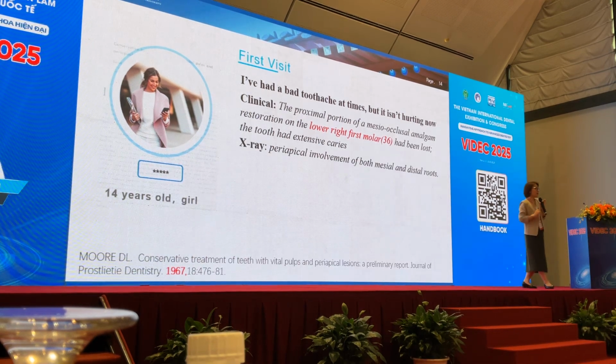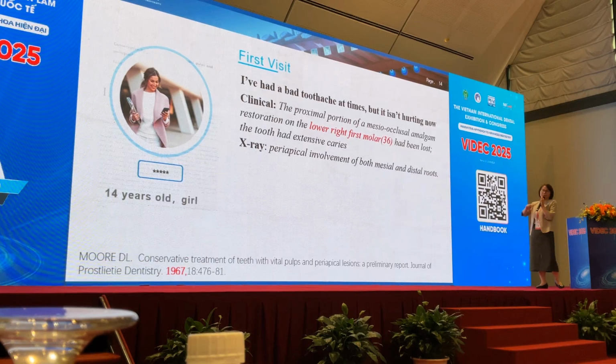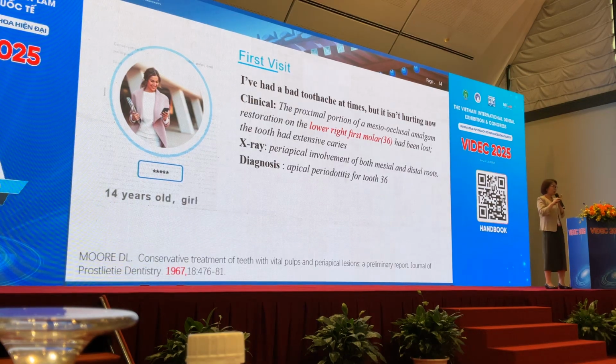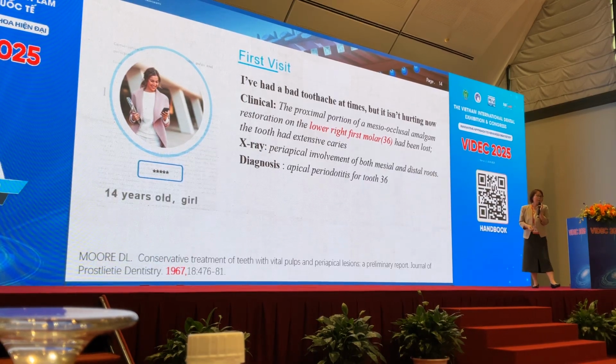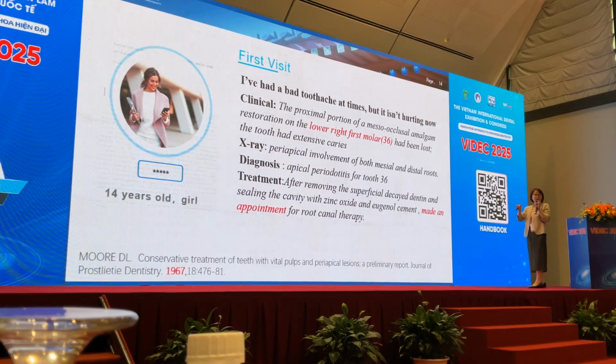The X-ray examination showed periapical involvement of both mesial and distal roots, showing radiolucency at the apex of both roots. So it's reasonable for us to make the diagnosis of apical periodontitis for the tooth.